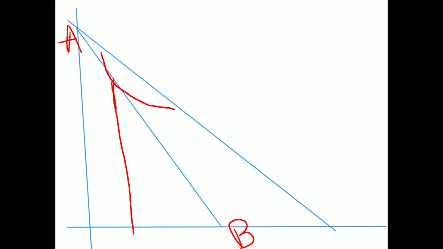And here we have a new budget line at A, B dash. Because of the pivot shift of the budget line, we have a new equilibrium point here.